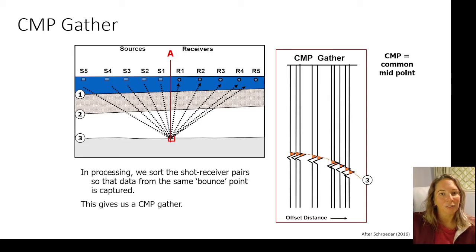One of the first steps is to arrange the data so that the shot traces are gathered at a common midpoint. That common midpoint is that one point in the subsurface where we take all the traces that bounced there and put them together. And so this gives us our common midpoint gather.